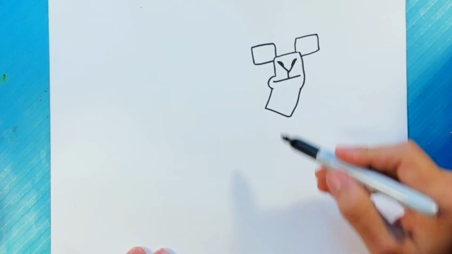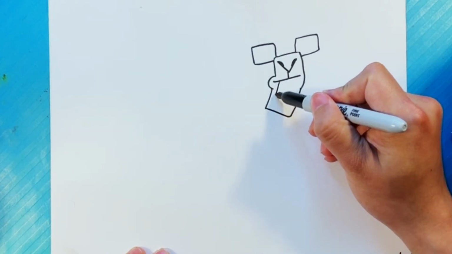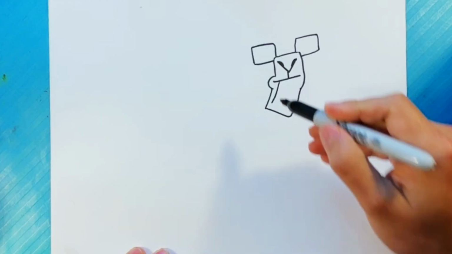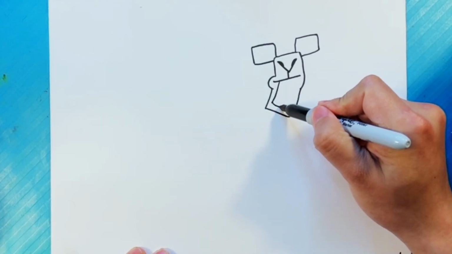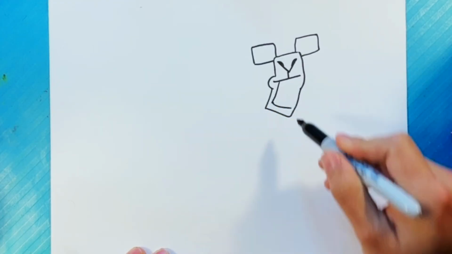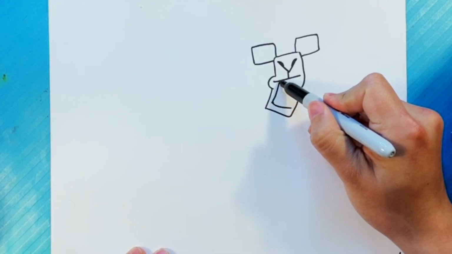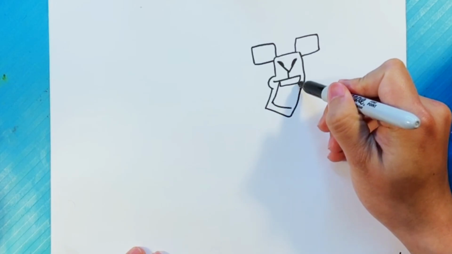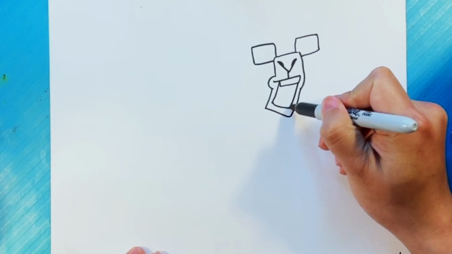I'm going to pull a line down over here, curve for the inside of the open mouth over here. A line over here across. Pull a straight line down, cross up for the teeth right there, and then we're going to start a line over here, pull down.